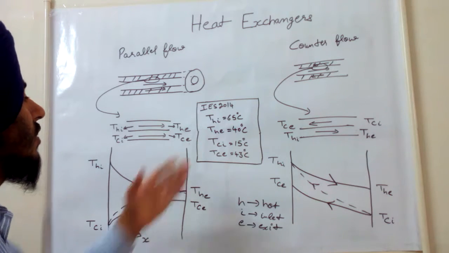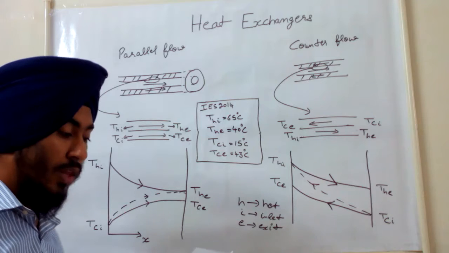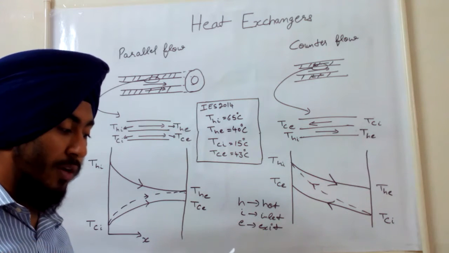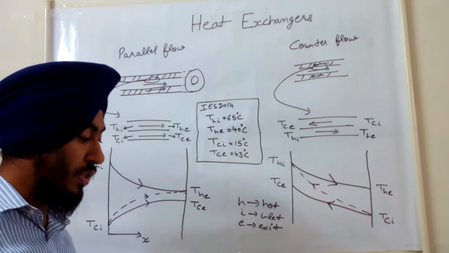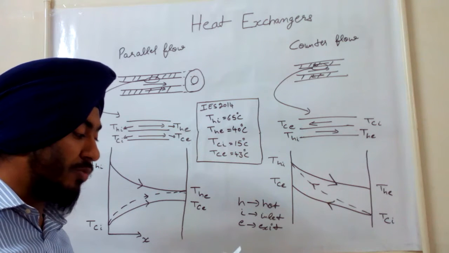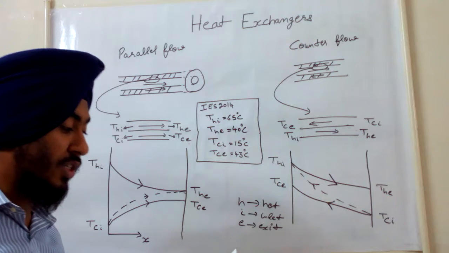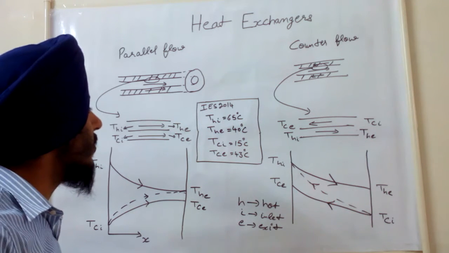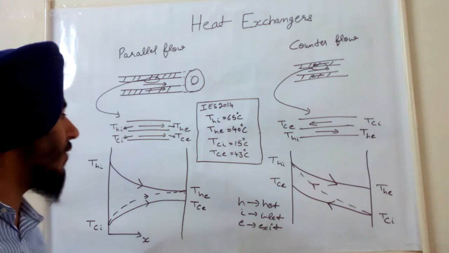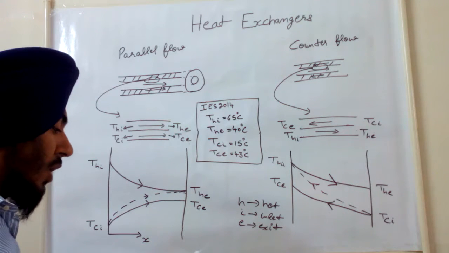They have given us these four conditions and the question is, the heat exchanger is a parallel flow heat exchanger. Parallel flow is the first option, counter flow is the second option, mixed flow is the third option, and the phase change heat exchanger is the fourth option.